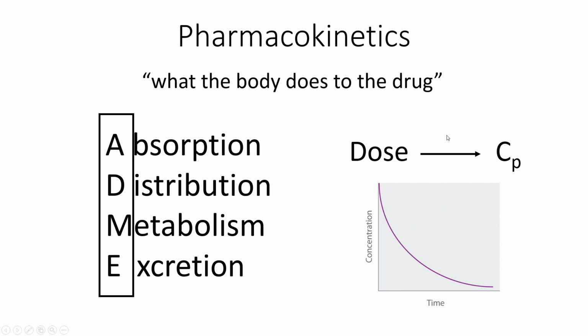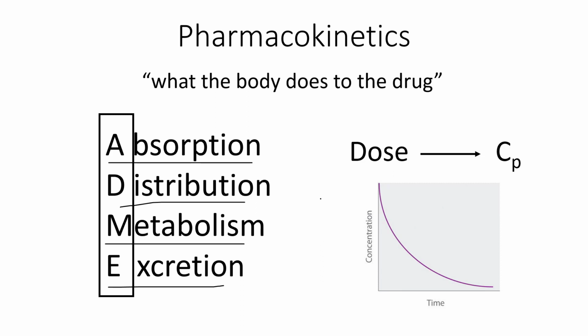When we give a dose of drug, it leads to a plasma concentration. But there are many processes in between the dose of the drug and the ultimate plasma concentration. Those processes are absorption, distribution, metabolism, and excretion, and we often abbreviate this with the acronym ADME.